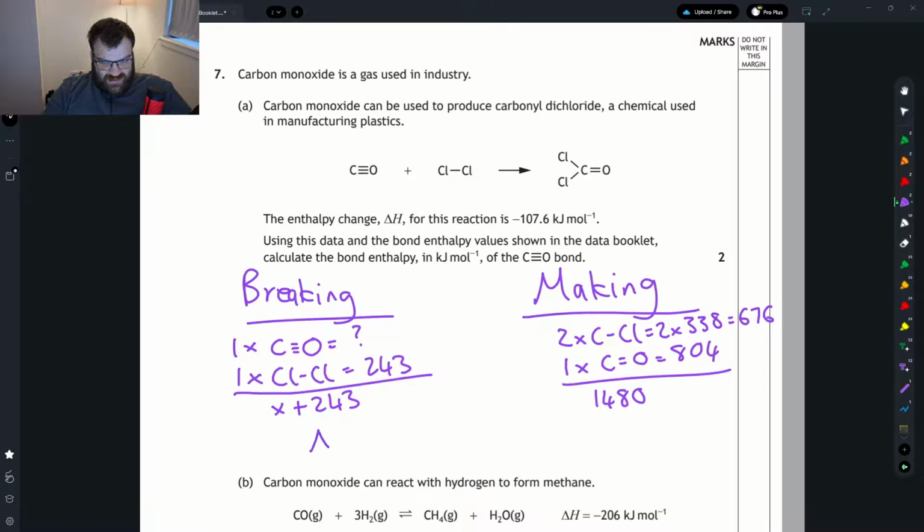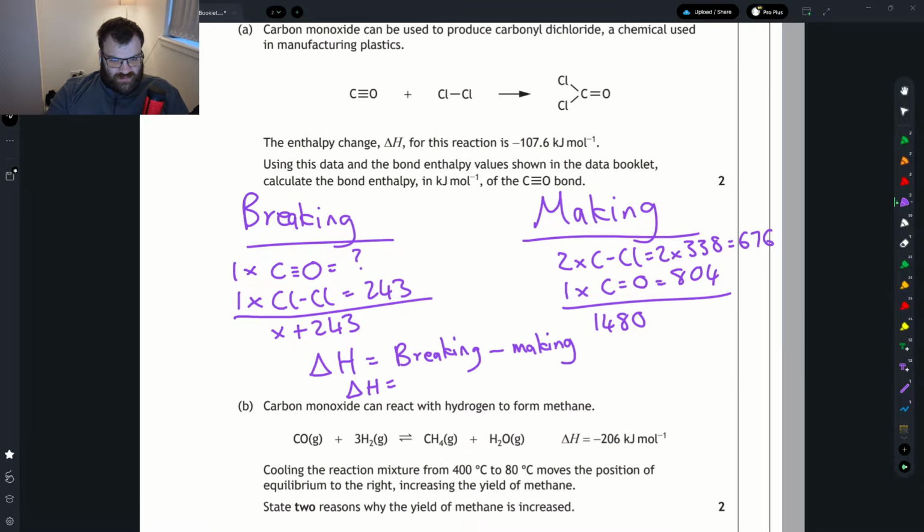The way that this works is the delta H equals the breaking, take away the making. So we've got our X, the value we're trying to work out, plus 243 minus 1480. Let's try it this way then.